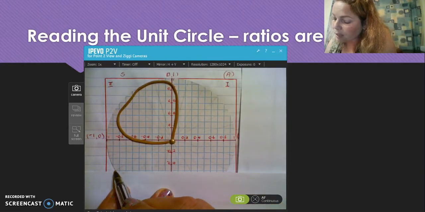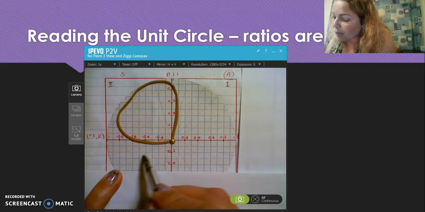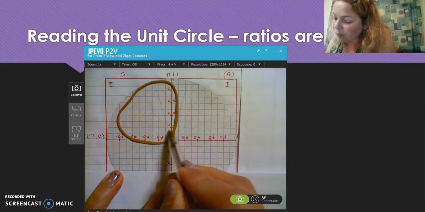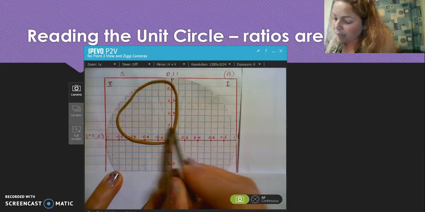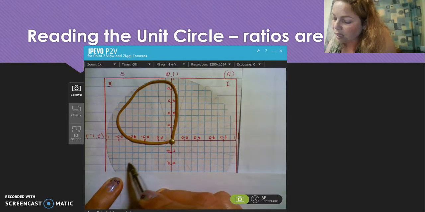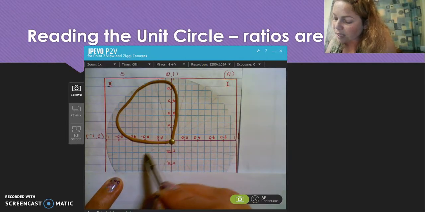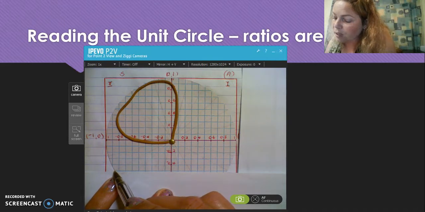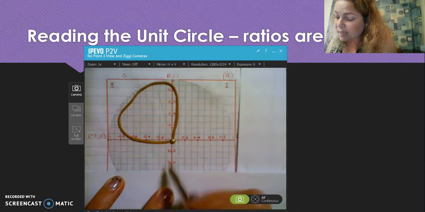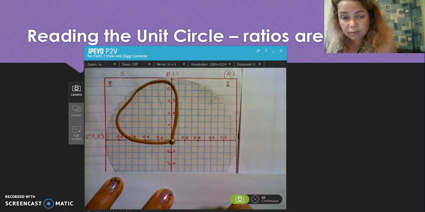Now if I come to this side, I track that back to our origin. So if I start at 0 and come right around, that means I've got 180, 195. So this is 210 degrees. So the sine of 210 degrees is negative a half.